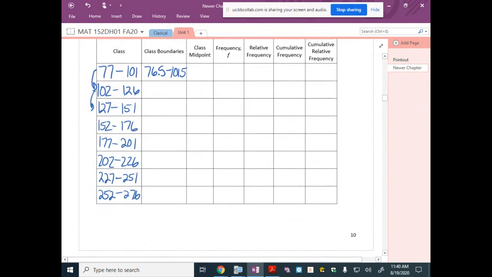So yeah, our maximum value was 270. That's why we round up. If we didn't round up, our classes would have ended at 268. It's not good. So then 276.5. And now you figure out all of the frequencies.